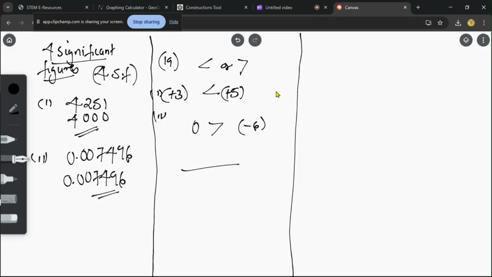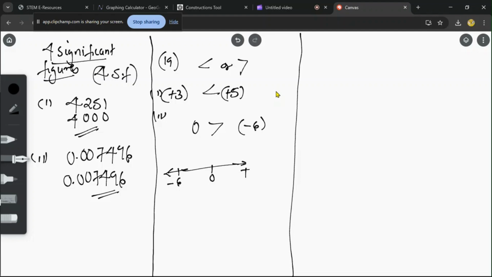Because even when I take from the number line, 0 is here and negative 6 is on my left somewhere here. So that this is negative. And the more you have the numbers on your left, the more they are becoming smaller. This is my right.